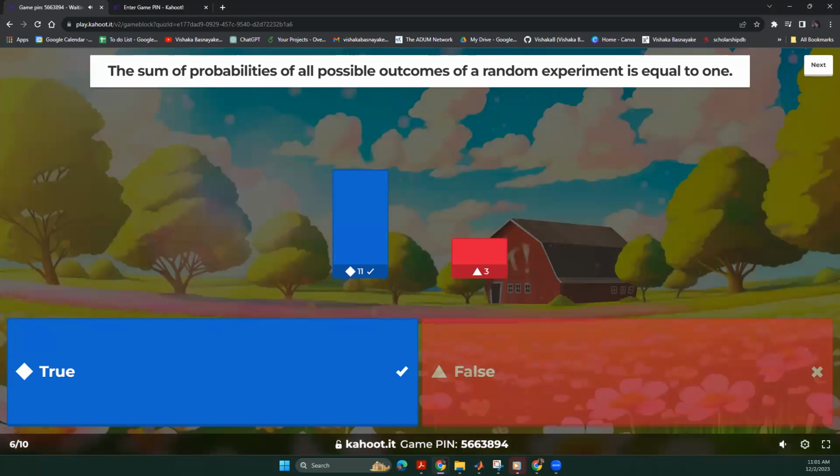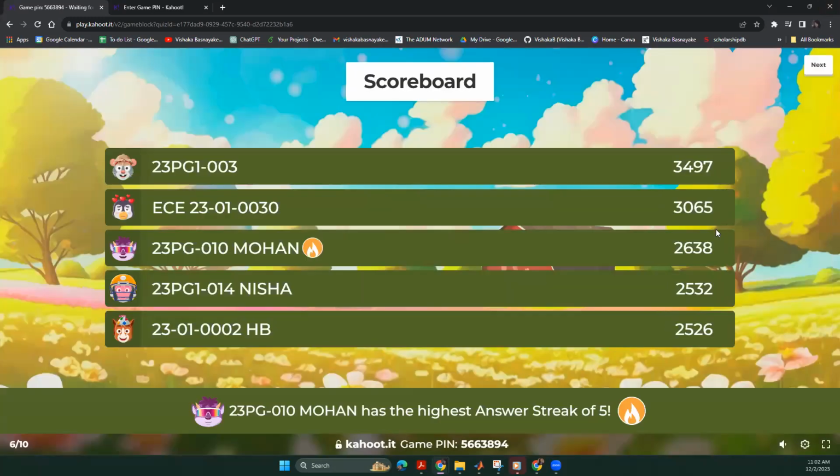Basically from probability theory, the sum of all probabilities of a certain random experiment is equal to 1. The sum of probabilities of all the outcomes of a certain random experiment equals 1. That is the basic theory related to the probability of a certain event.